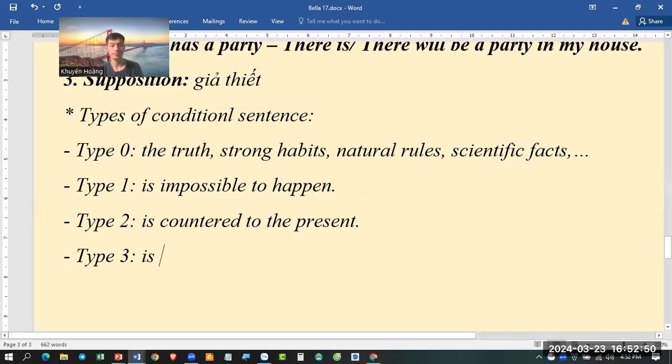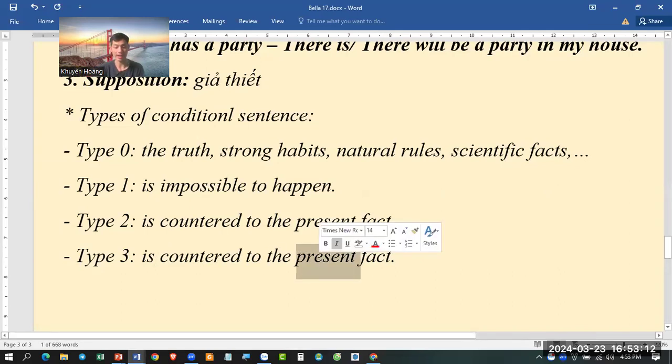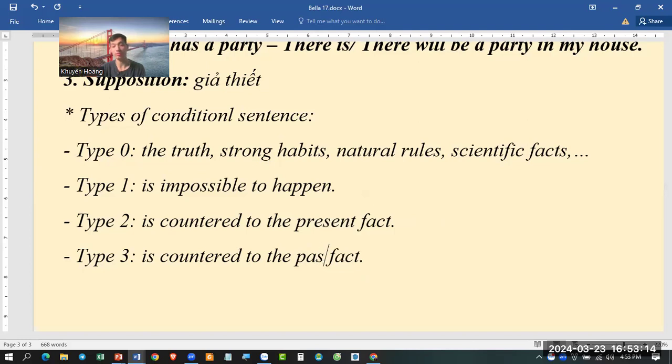It's something that happened in the past. So we just need to say it is countered to the past fact. Easy. That's type three.